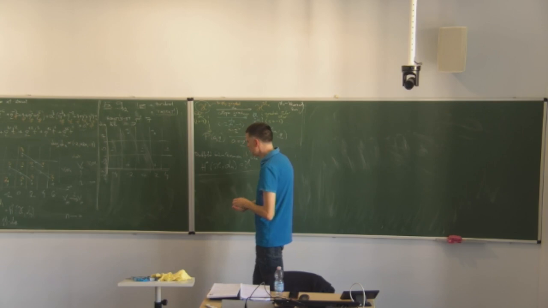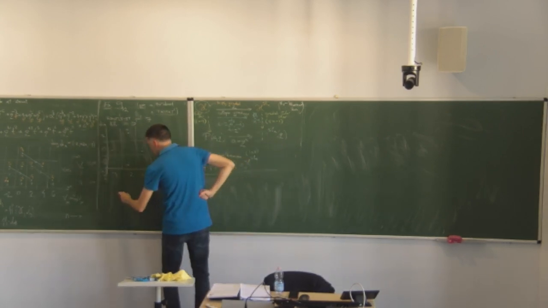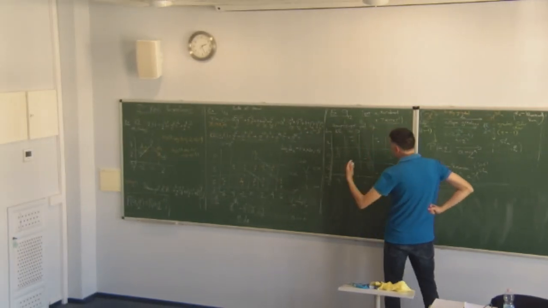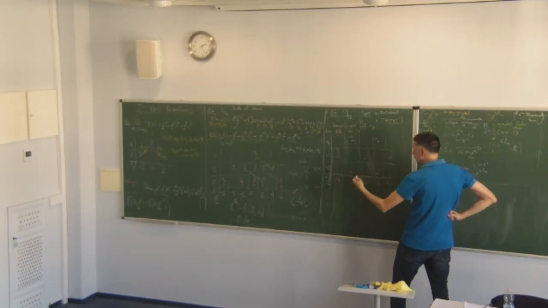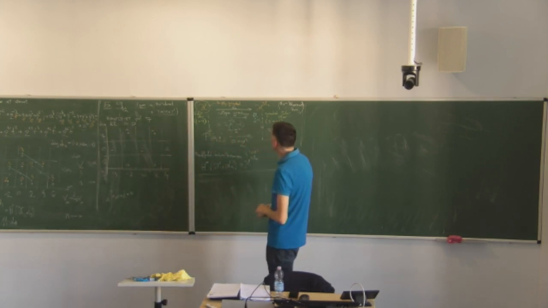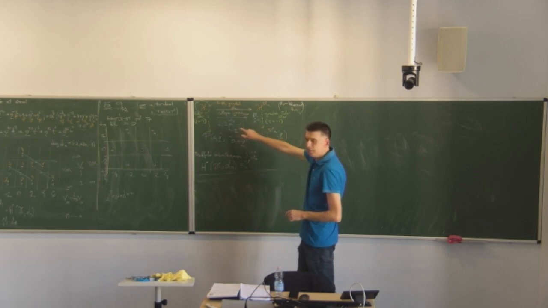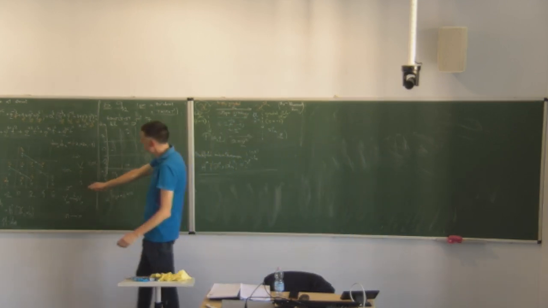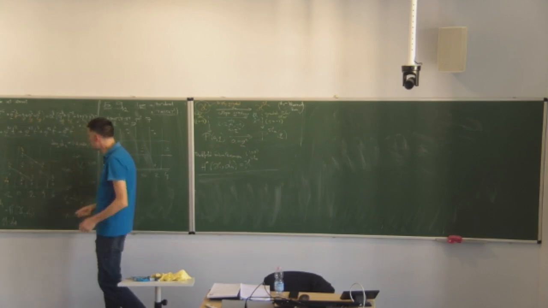For people who are not familiar, a differential is a map such that the composition with itself is 0, so d squared must be 0. In this case it was very easy because nothing composes with anything, so of course applying twice is 0.